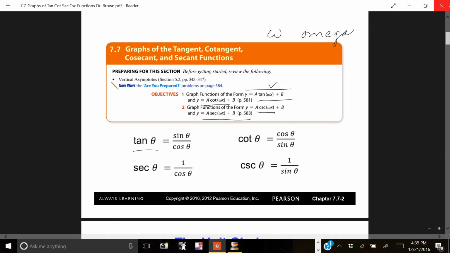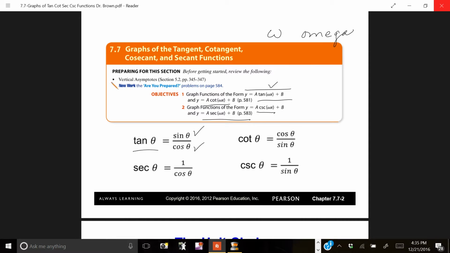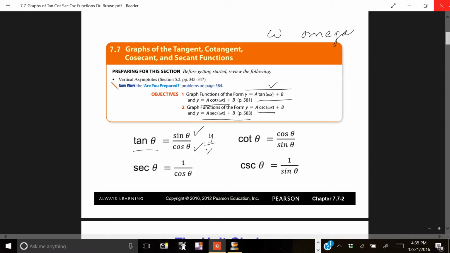Note that tangent is equal to the sine of theta divided by the cosine of theta. It's also equal, on the unit circle, to y over x, the y value on the unit circle divided by the x value. The cotangent, you will not find on your calculator, although you will find tangent on your calculator.